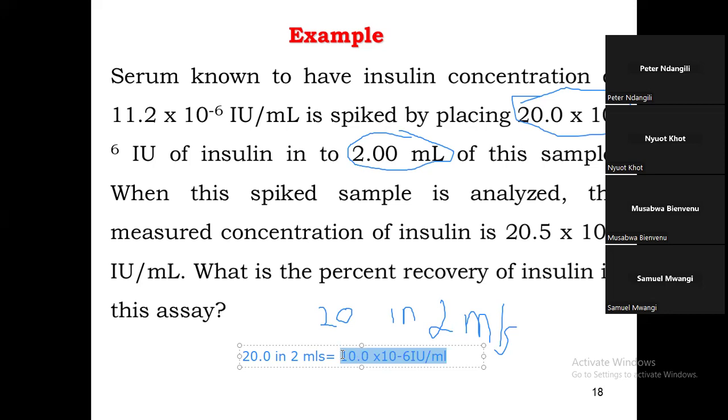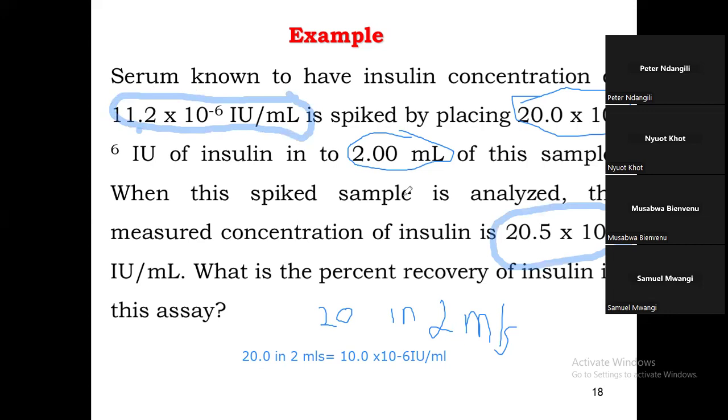Now, how did you do this? Before you spiked this, that solution had this concentration. It had this concentration. And after spiking, you did your measurement, and this is what you got. So the question would be, from this analysis, how much did you add?